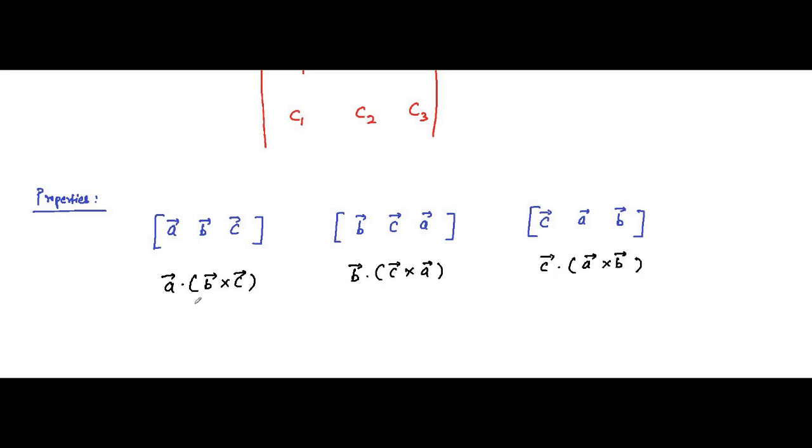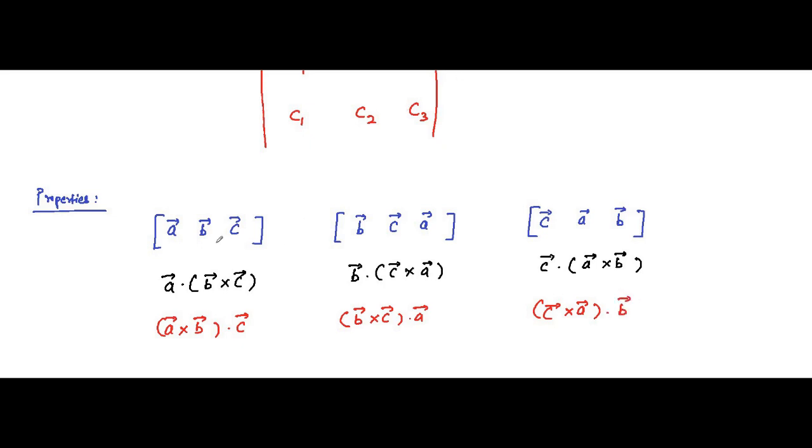And then the second way, first the cross product and then the dot product, we can write it as A vector cross B vector dot C vector, then B vector cross C vector dot A vector, and here C vector cross A vector dot B vector.